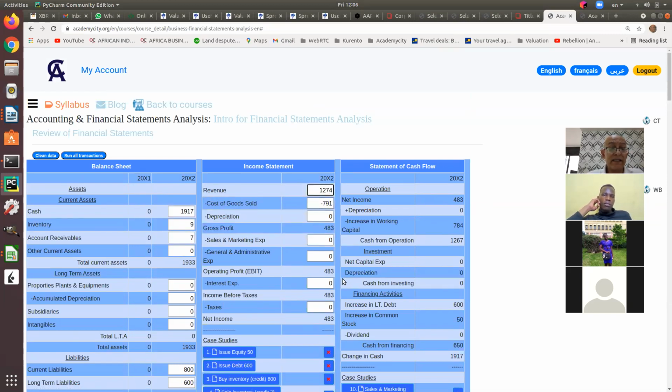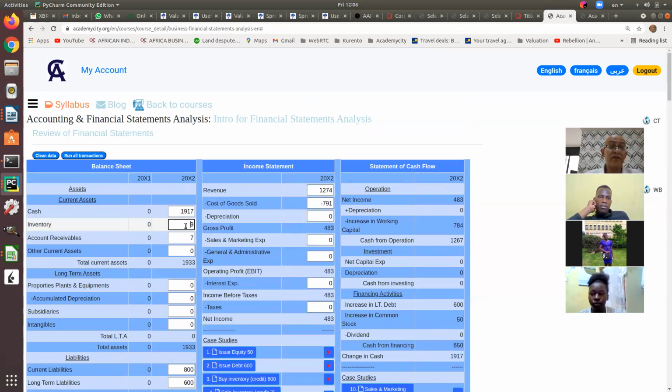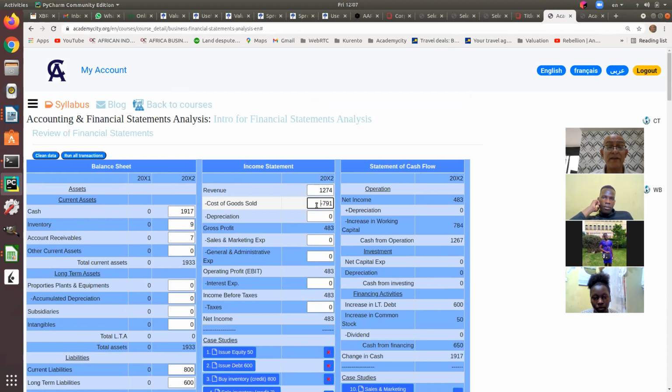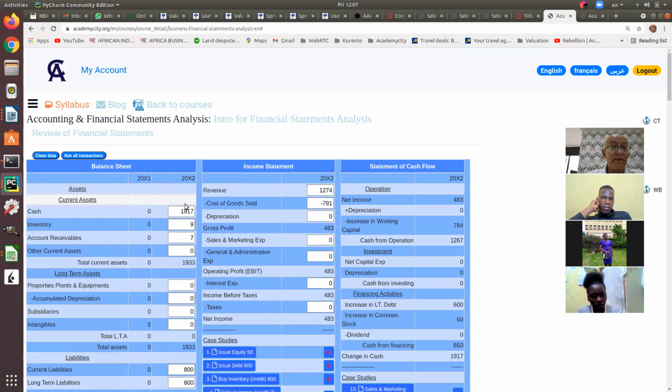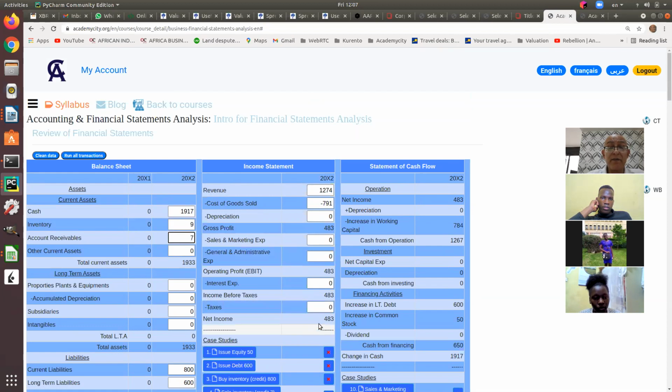Now, on the other hand, since we sold some of the shoes, we have less inventory. The inventory goes down by the 791. That's cost of revenue, or cost of goods sold. That's how much it cost me to buy the inventory that I sold. So the difference is a profit. Whatever the net increase of those three accounts, it really is a profit.